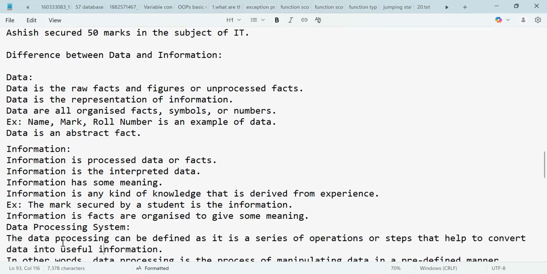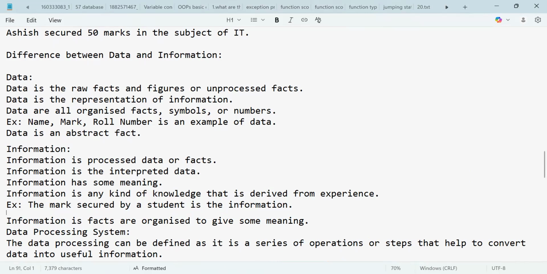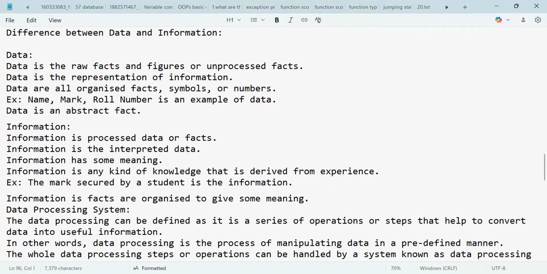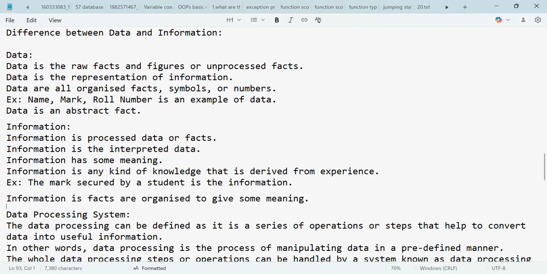Information is any kind of knowledge derived from experience. In this example, the marks secured by a student are the information. Information is facts organized to give some meaning. That is the difference between data and information.